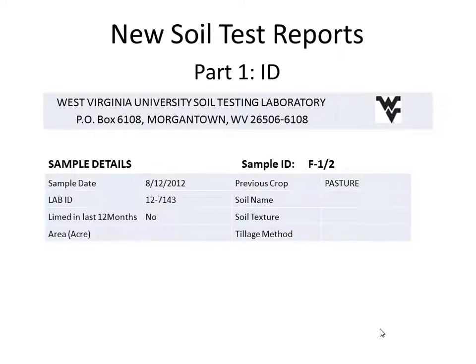Okay. All right, so this is what the new soil test forms look like. I sort of had to retype this. When I scanned it, it didn't come in very nicely, but the same amount of information, you know, when you sampled it, what the crop is, some things that you may or may not know.